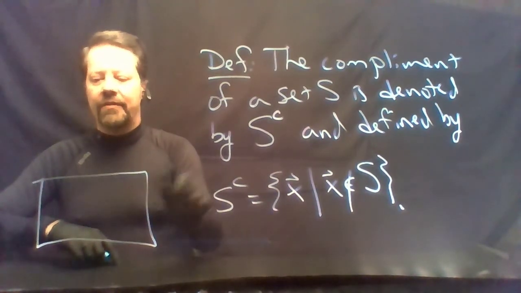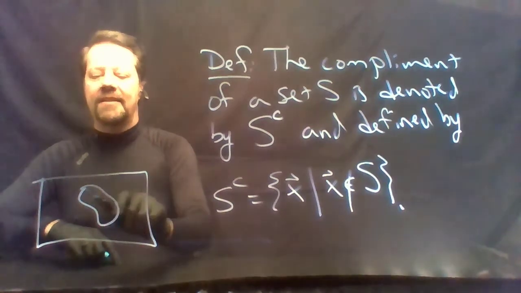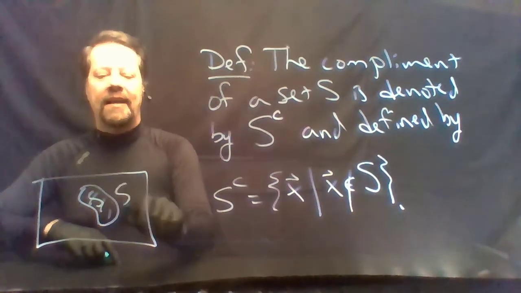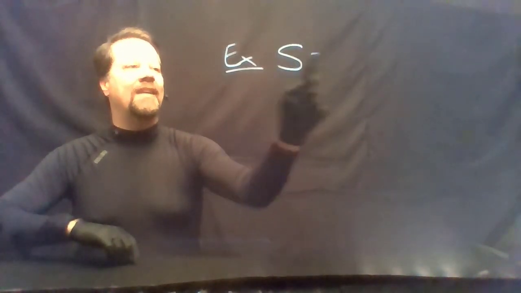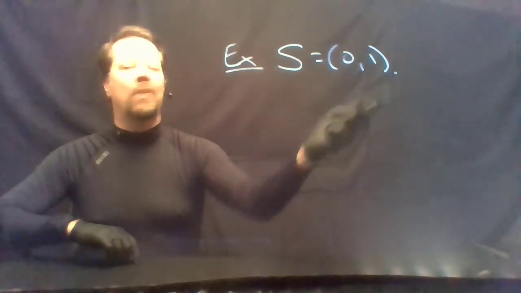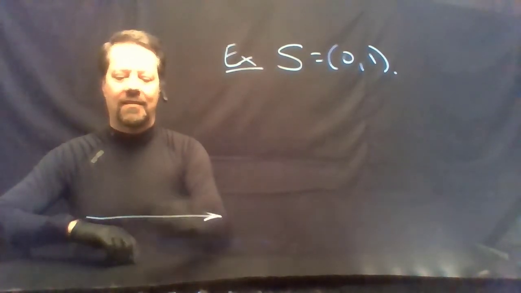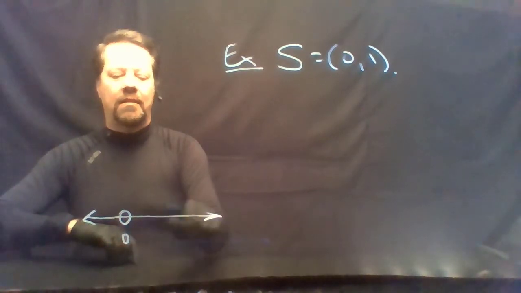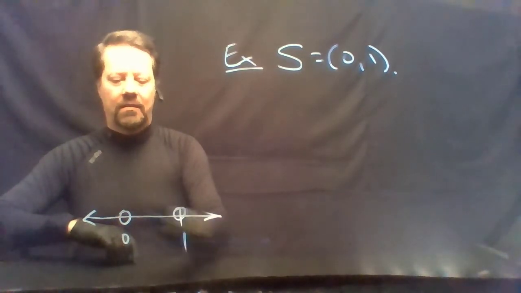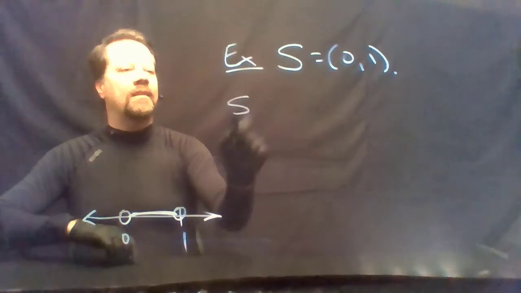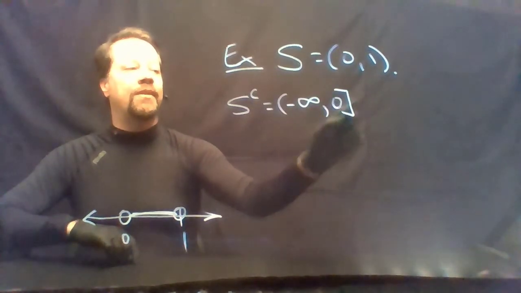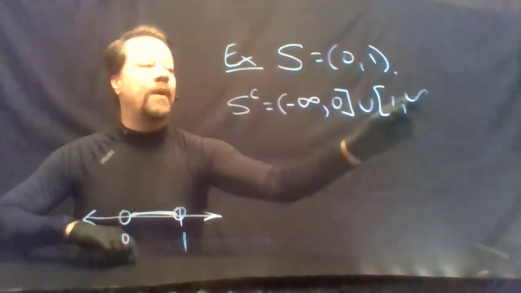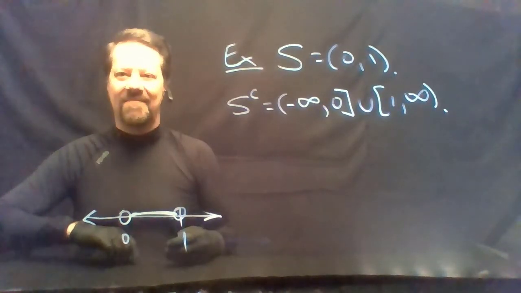Let's suppose this is our universe, and here's your set S. S complement is everything else. As an example, suppose S is the open interval from 0 to 1. S complement is everything from minus infinity to 0, including 0, union everything from 1 to infinity.